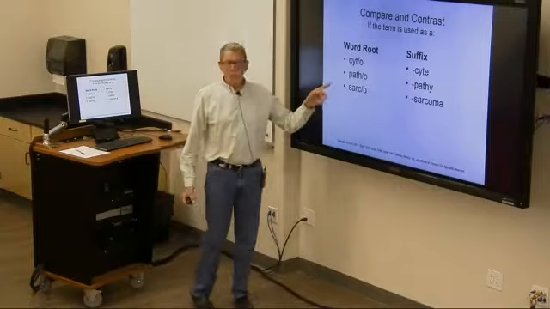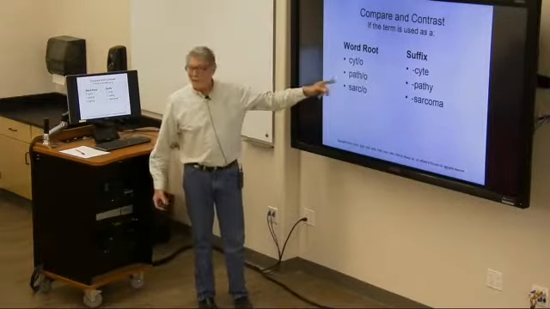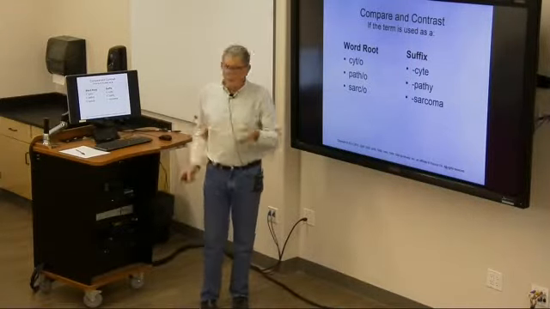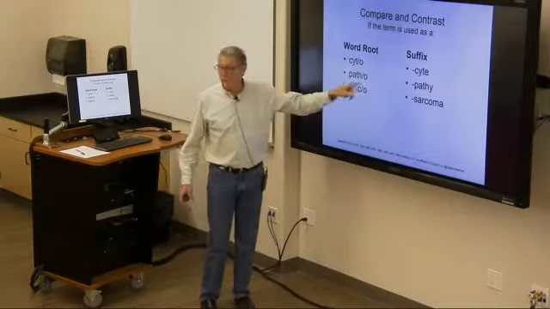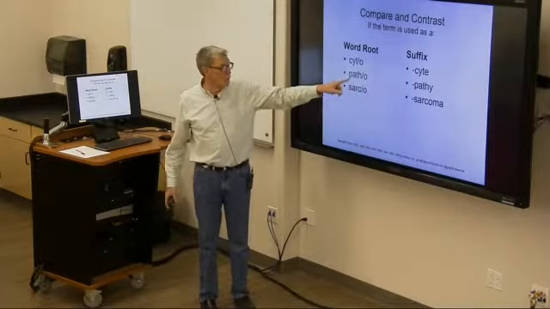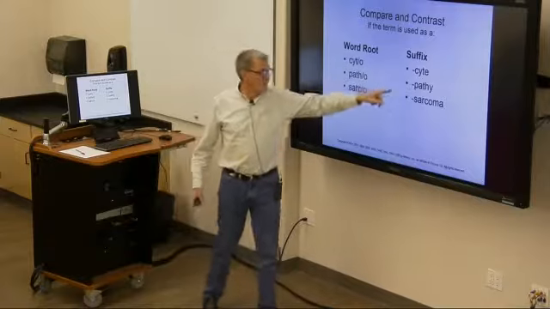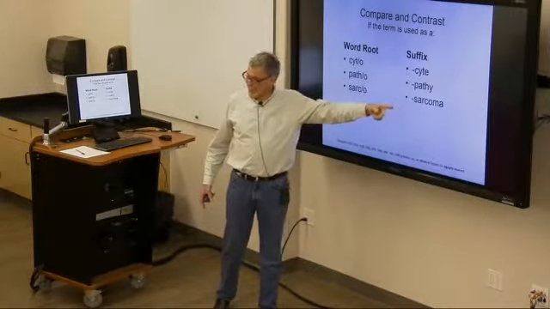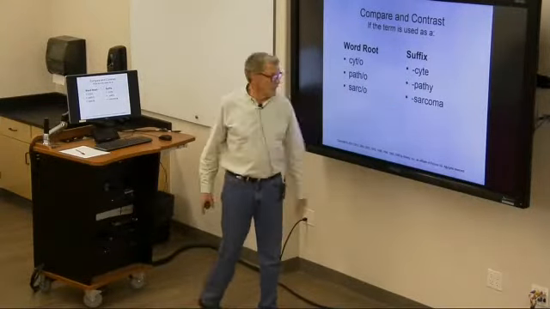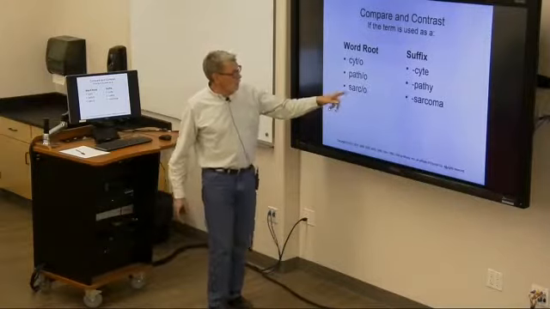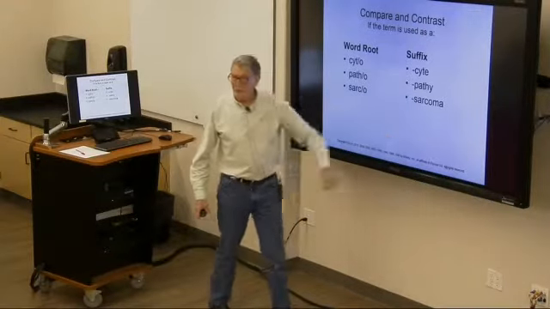Now look at these. Remember I said patho. If it's early in the word, you might have to put something after it because it's going to have something, might have to use a combining vowel. But if it's at the end, it's just pathy, cardiomyopathy. Sarcoma, if it's at the end.